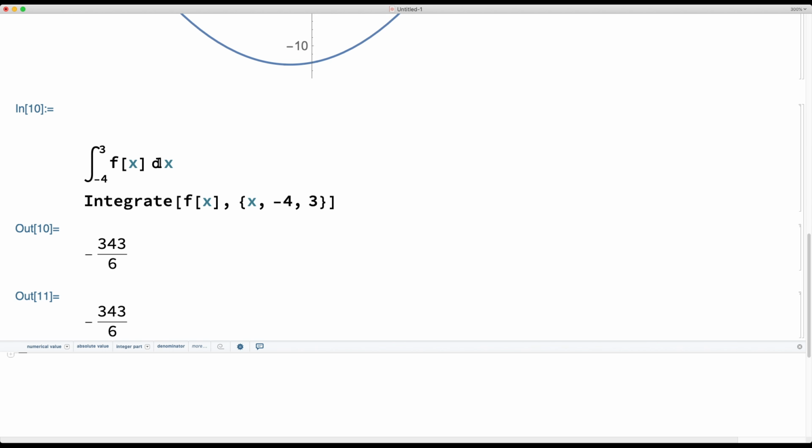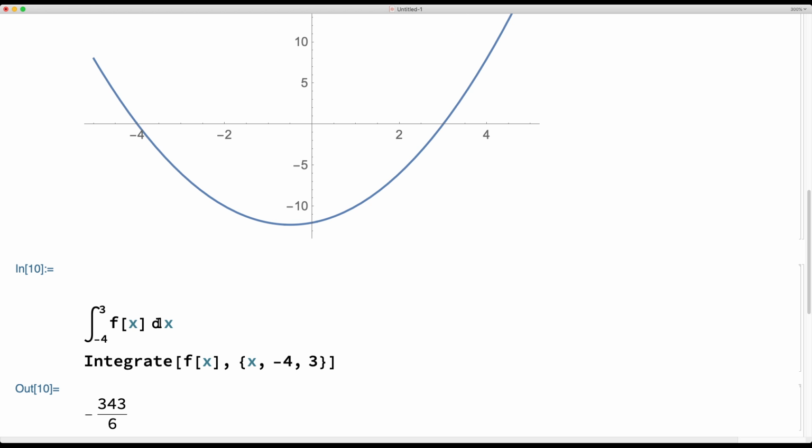Why is it negative? Yeah, because the area that we were talking about was below the x-axis in this case. If I really wanted to know what the geometric area of that thing was, the integral gives me a negative, but area can't really be negative.